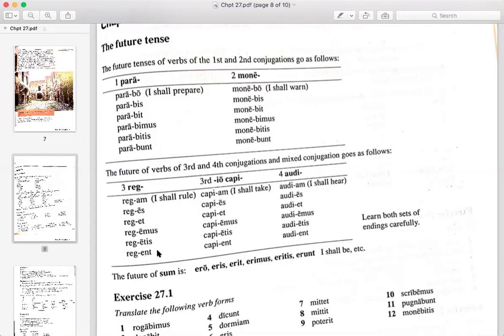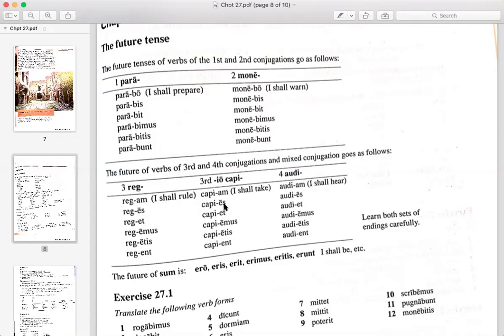That's the only difference. So when you move over here to third io, remember in the present, again, you're just going to have the I before the personal ending, but here you're going to add on that E. So you're taking this E from the future, indicating future over here in the third conjugation, adding it to the I because it's third io, but you'll have these two vowels together plus your personal ending.